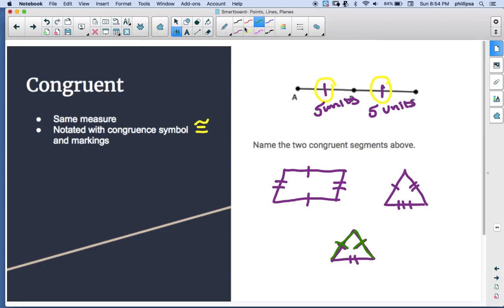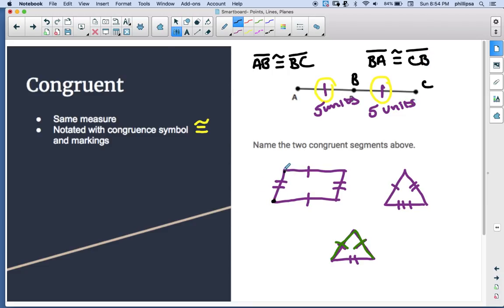So let's just talk about how I would write some of these statements. Up top I have, I kind of wrote over it, but it was ABC. So I would want to say that segment AB is congruent to segment BC. That would be no different than if I was to say segment BA is congruent to segment CB.